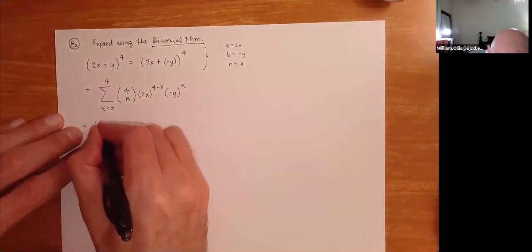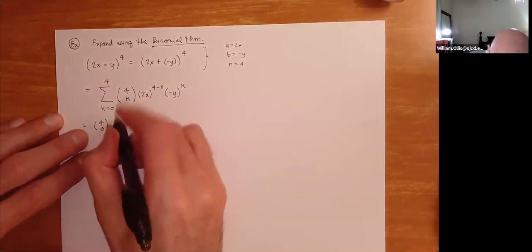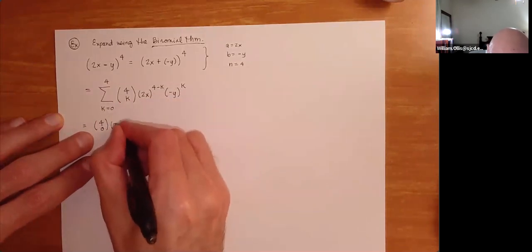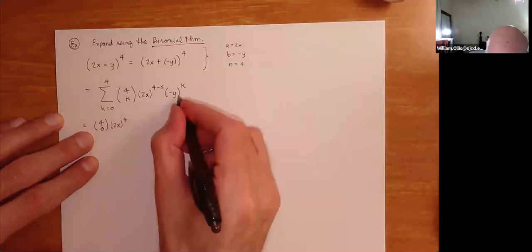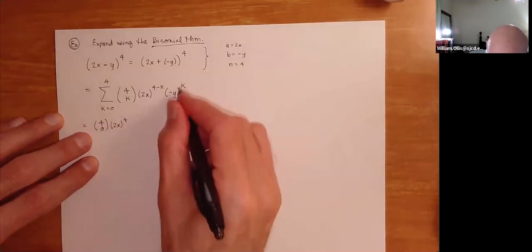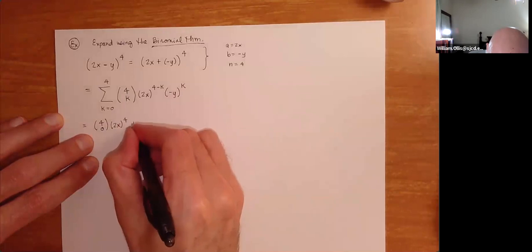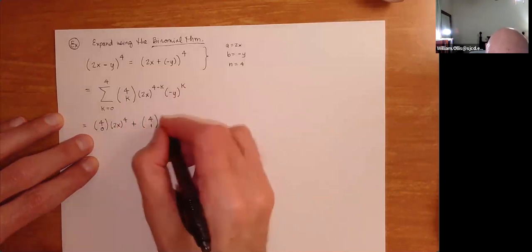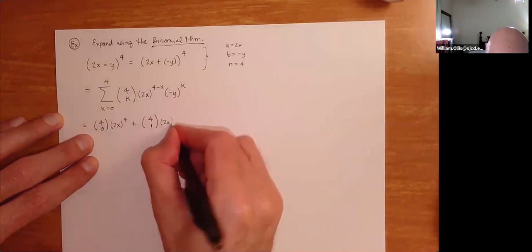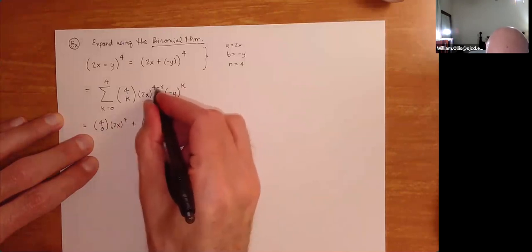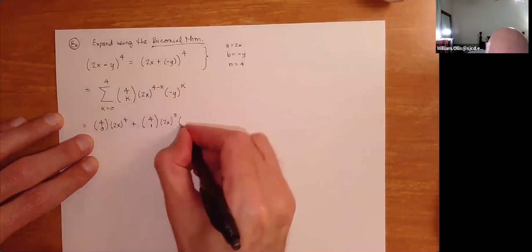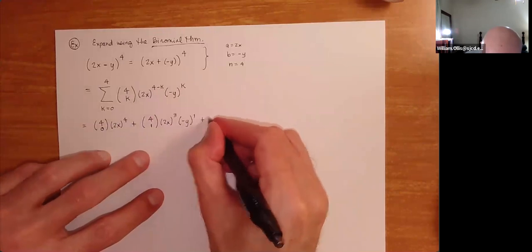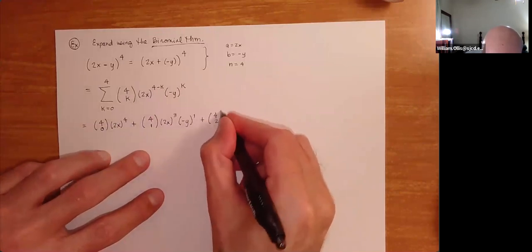So this will be 4 choose 0, and if you like, we've got 2x to the 4th. That'll just be 0, so negative y to the 0, so leave that out. Plus 4 choose 1, 2x to the 3, 4 minus 1, then we have negative y to the first power, plus 4 choose 2.